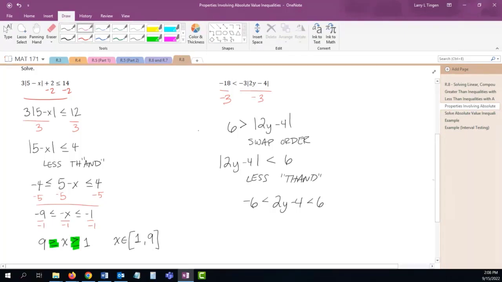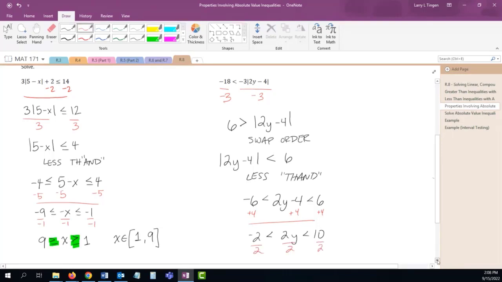All right, so do math, do math, do math, add 4 to all sides. And I'm looking at -2 less than 2y less than 10. Divide by 2, divide by 2, divide by 2.